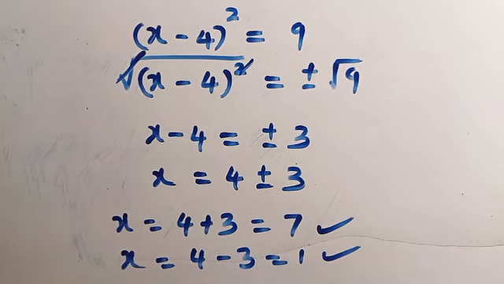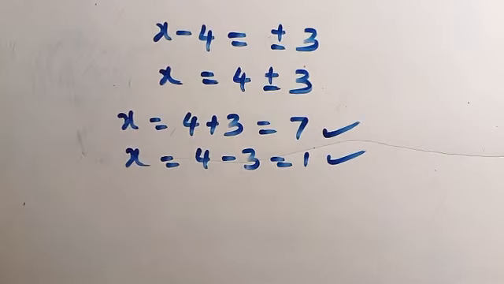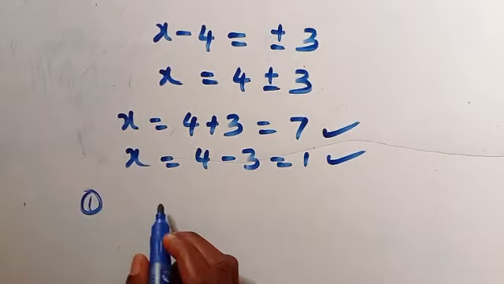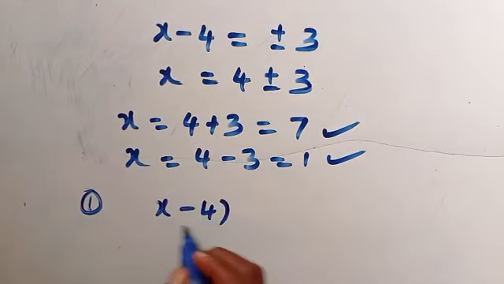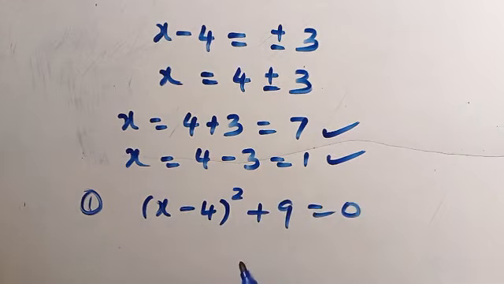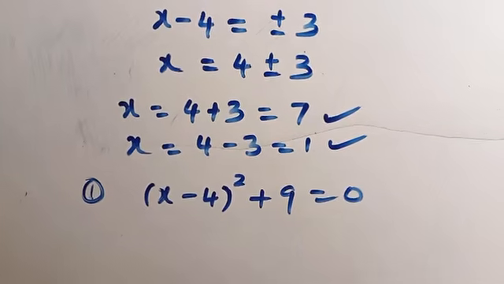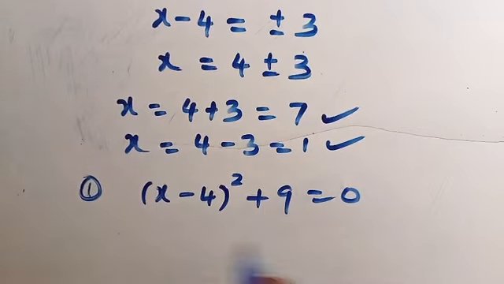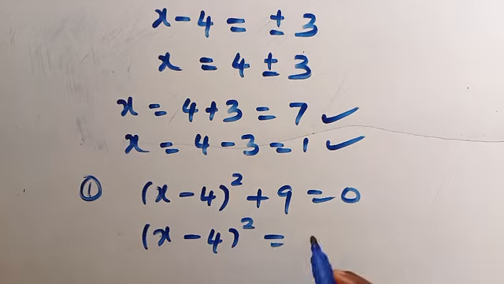If we have (x minus 4) squared plus 9 equals 0. For the second case, we have (x minus 4) squared plus 9 equals 0. And looking at this only, if I transfer 9 to the other side, we have (x minus 4) squared equals minus 9.